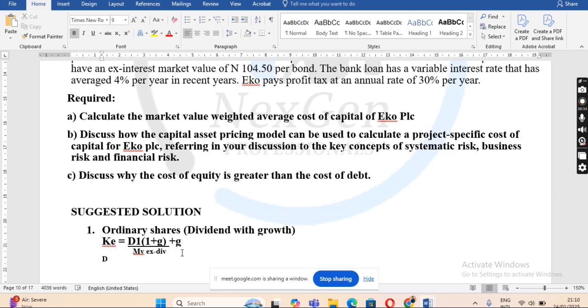So what is the D1, which is the current dividend? If you are with the question, current dividend. That is why I said it is advisable to have the question so that we can move faster. So what is the current dividend, class?